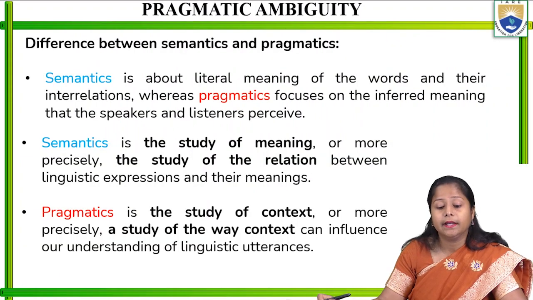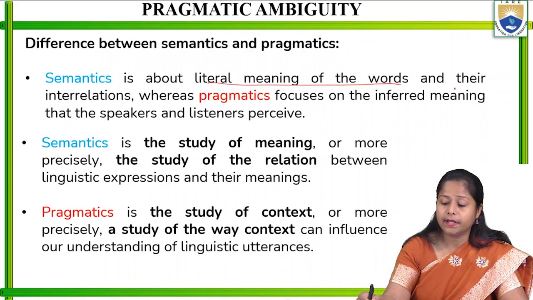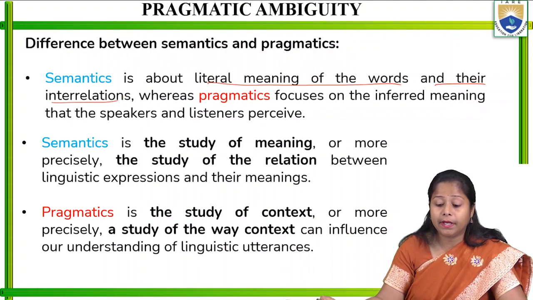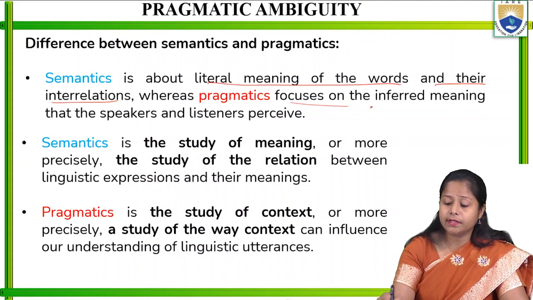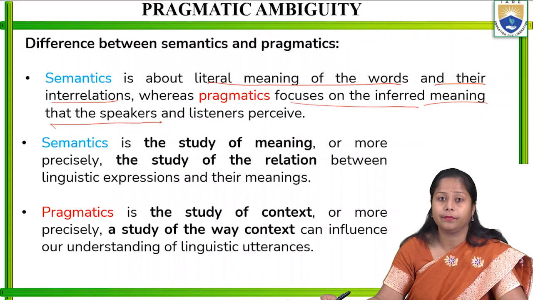Now we will see the difference between semantics and pragmatics. It is very important to understand what is semantic and what is pragmatic. Semantics is about the literal meaning of the words and their interrelations, right? On the other hand, pragmatics focuses on the inferred meaning that speaker and listener perceive, right?